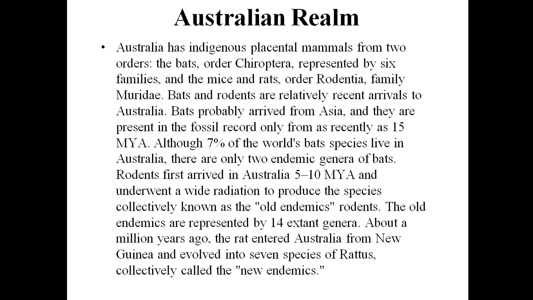Old endemics. Probably in today's newspaper also you must have read, Australia is facing the problem of rodents, so that's why it's importing rodenticides from India. In today's newspaper I read it, that the rodents have increased.